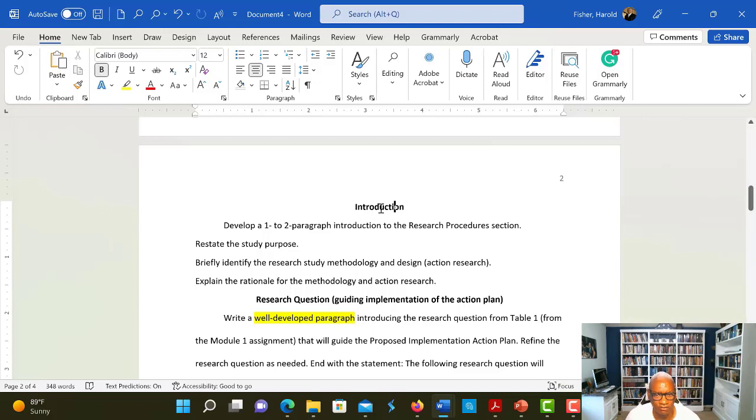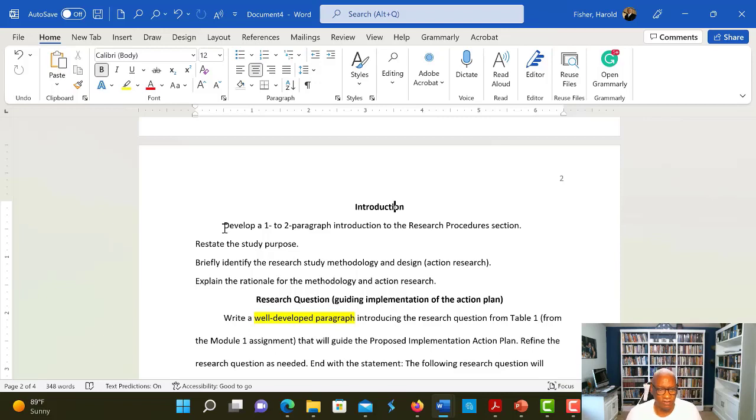Under your introduction heading, which is centered, upper lowercase bold, you'll come down and do a first line indentation. Some of you did not do that. So I'm just trying to throw in these reminders to let you know the first line of every paragraph needs to be indented. That's an APA requirement.